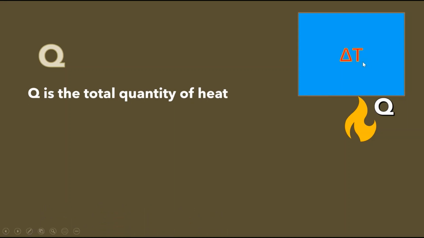That is, how much you want to increase the temperature. For example, the delta T, here we have used T for temperature. The more you want to increase the temperature, the more heat you need, right?